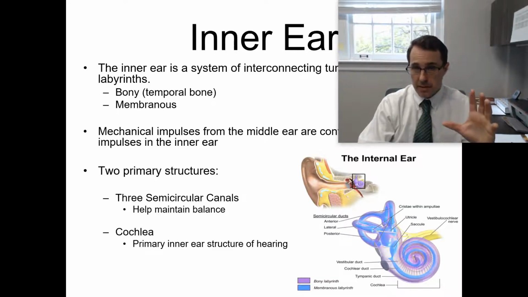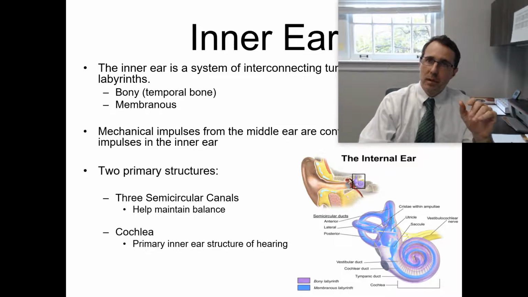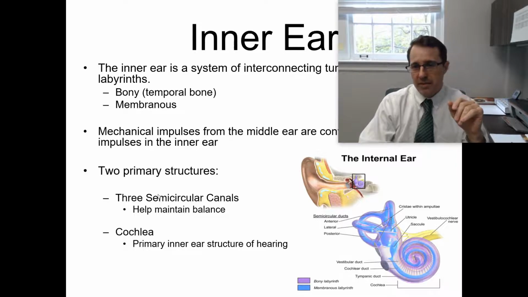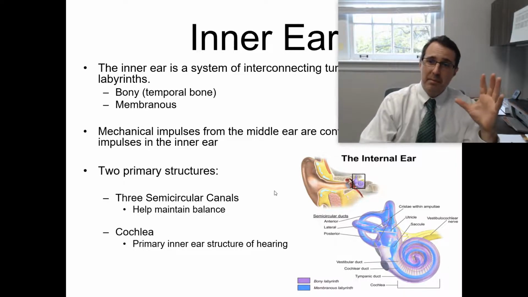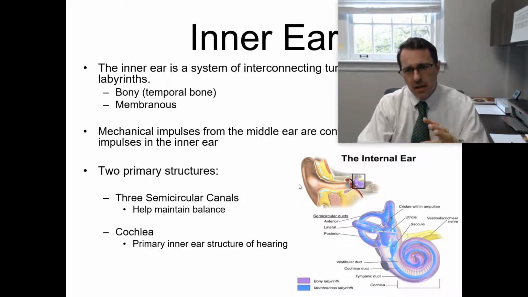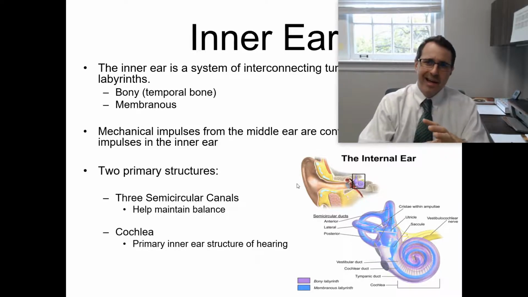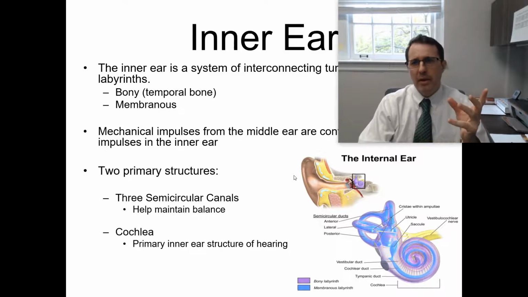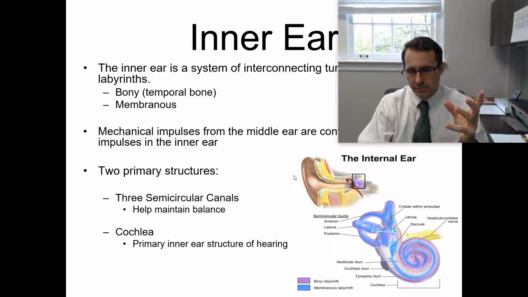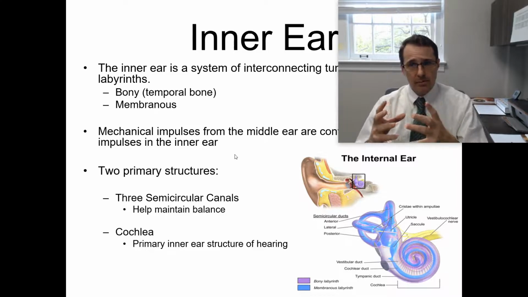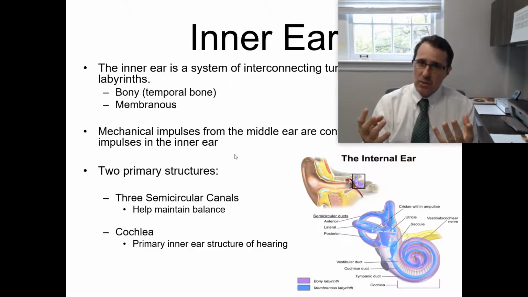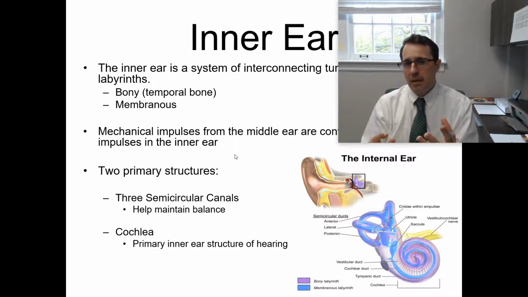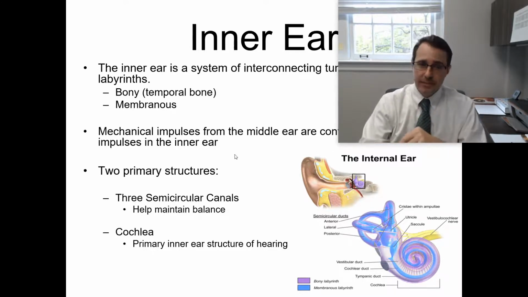Okay, so we have discussed the outer ear, which is the auricle and the ear canal. We have discussed the middle ear, which is the tympanic membrane and the ossicular chain. And we've touched on the cochlea as being your primary structure of hearing, as being filled with fluid, as having hair cells within the fluid, that when the hair cells get stimulated by vibrations moving through the fluid, that stimulates hearing.